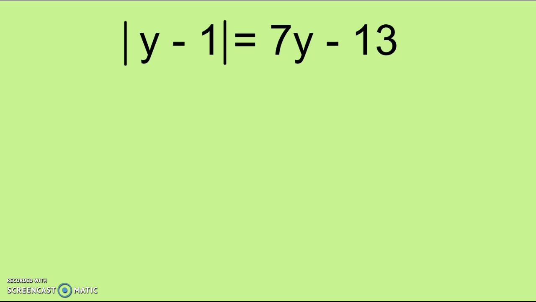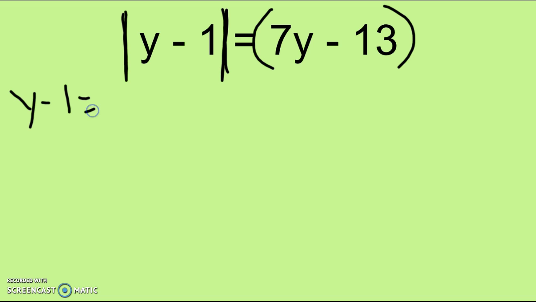All right, let's see another one. Now you've got a variable on both sides. This one's going to be a little trickier. You already have the absolute value isolated, so there's not anything else you can do. You have to set this up as positive and negative. So we've got y minus 1 could equal exactly the way you see it, 7y minus 13.